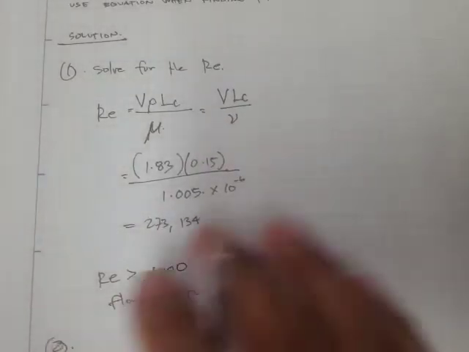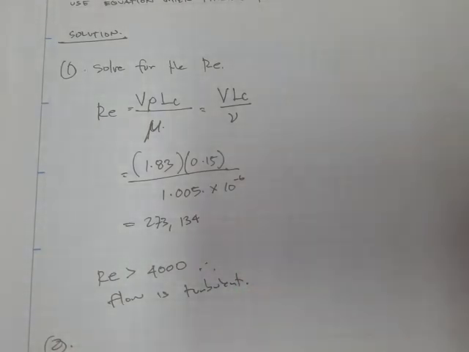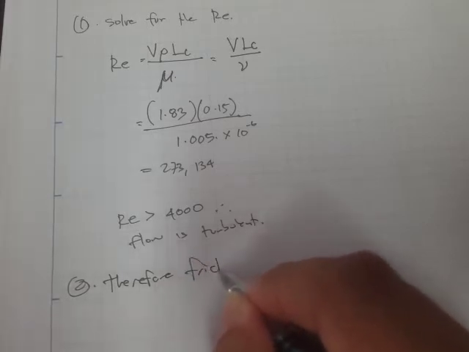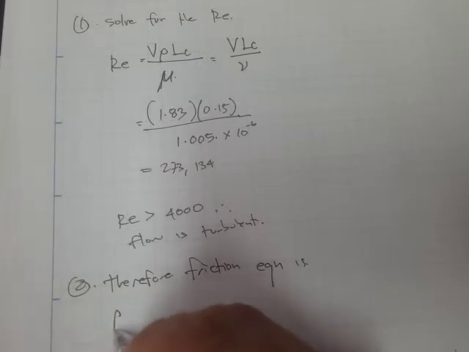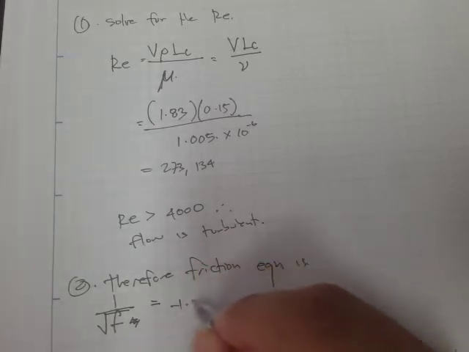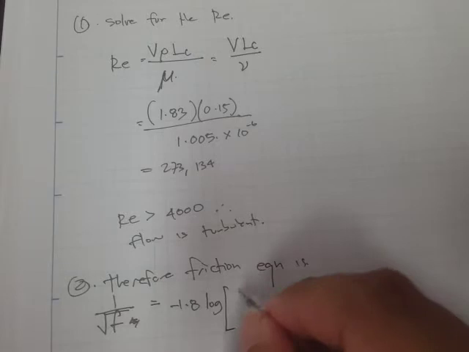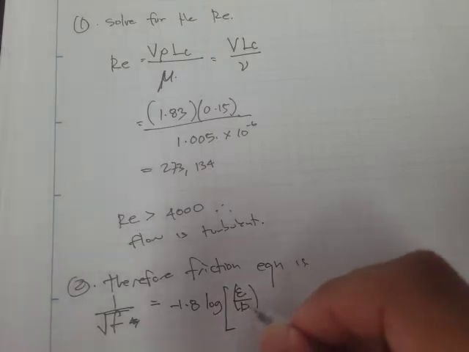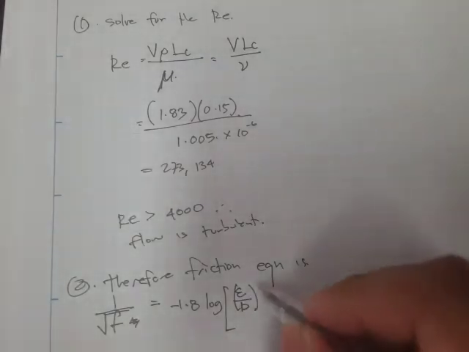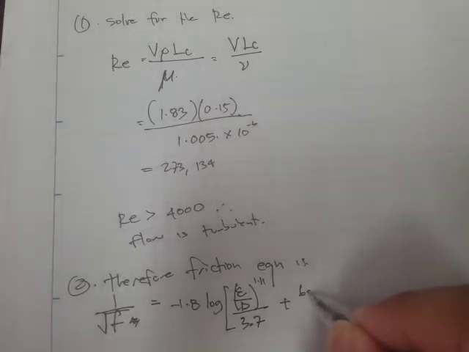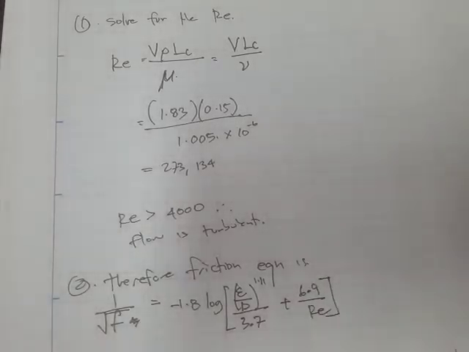So therefore, our friction equation is 1 over square root of F is equal to negative 1.8 log of the ratio of the surface roughness to the diameter, which is called the relative roughness, divided by 3.7, raised to 1.11, plus 6.9 all over the Reynolds number.